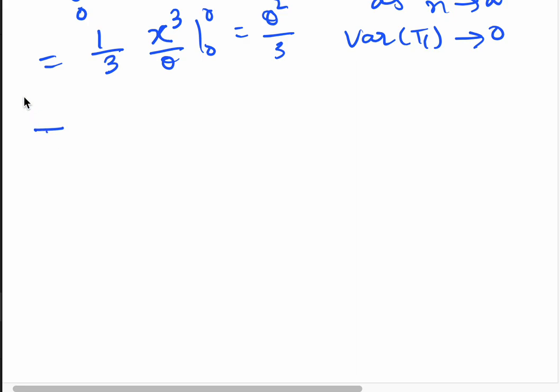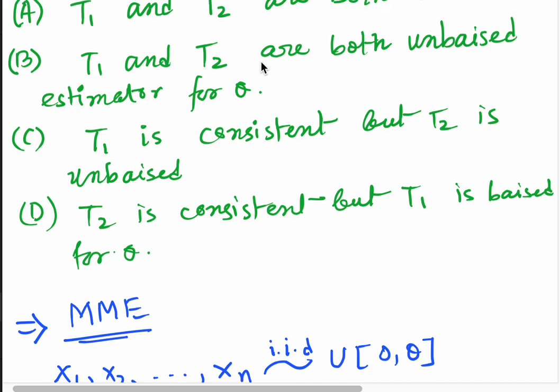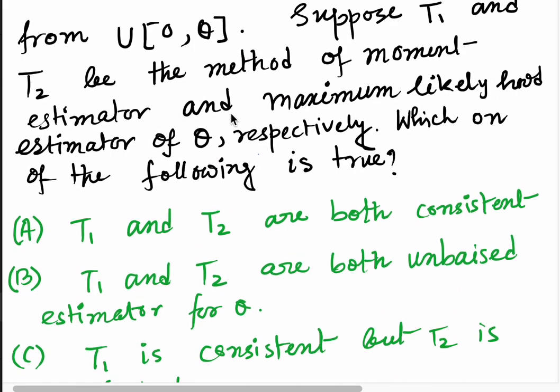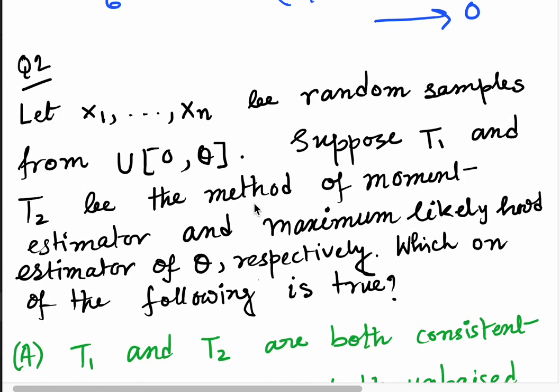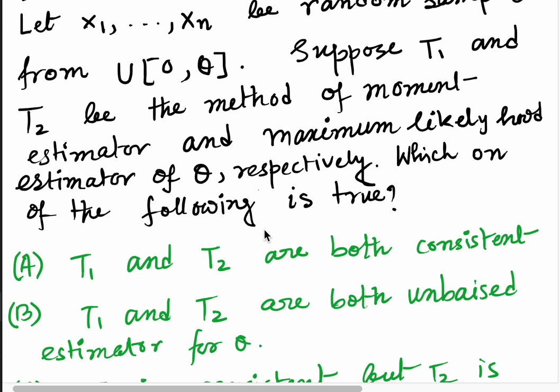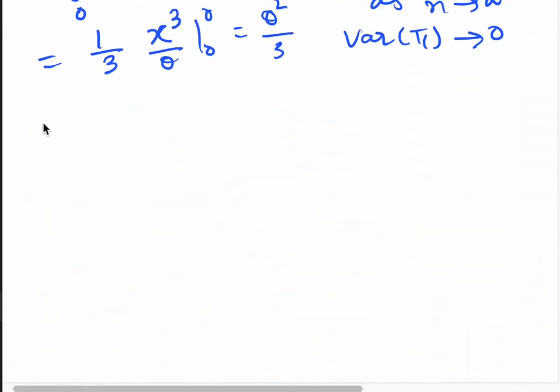T2 is the estimator that has been derived from the maximum likelihood estimator.